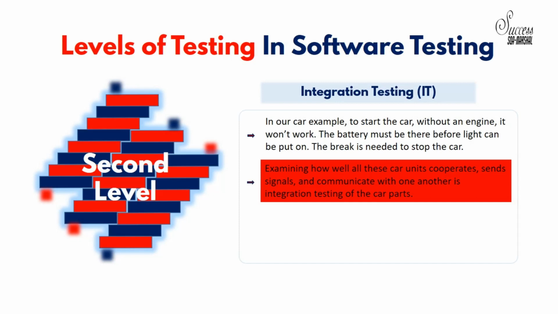So, all these parts of the car work together and communicate with one another in order to work effectively. So in software testing, all the modules, the programs, the classes, the objects must communicate with one another in order for the software system to work effectively.